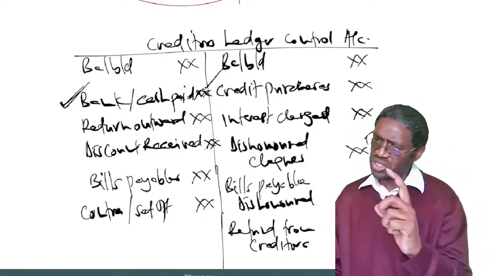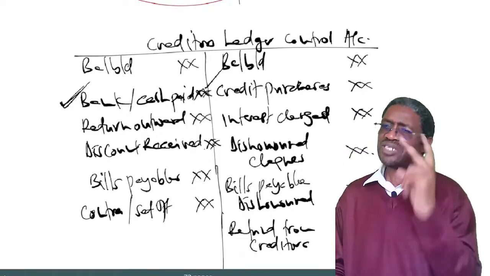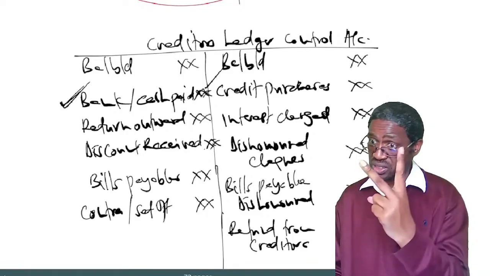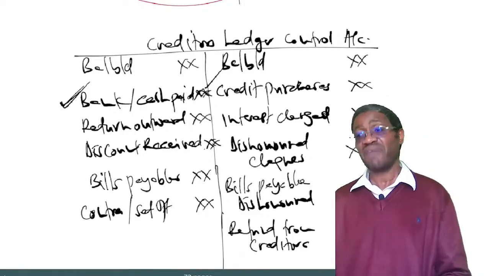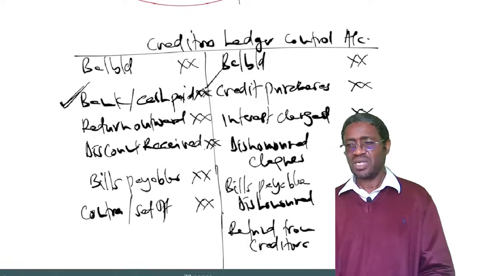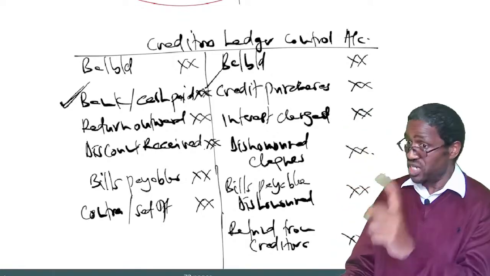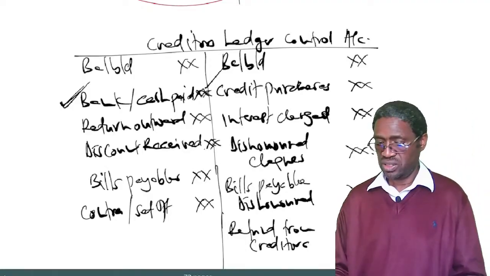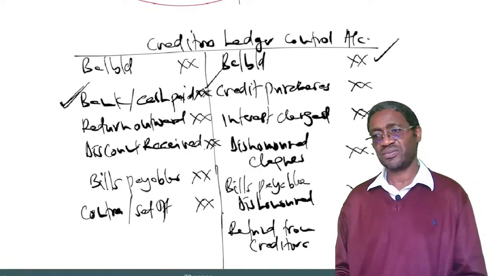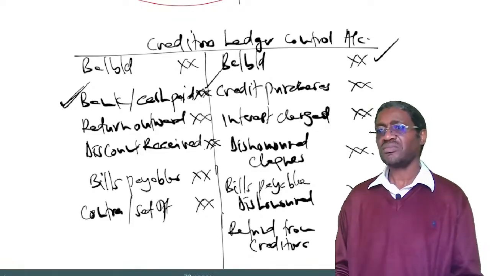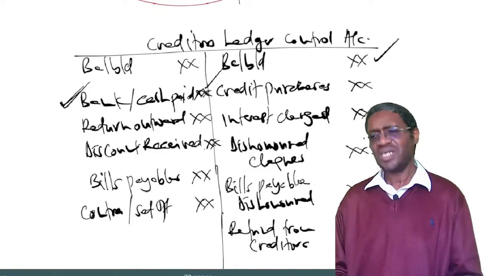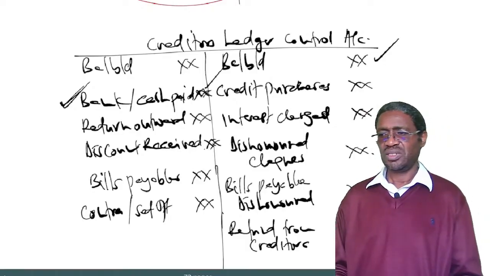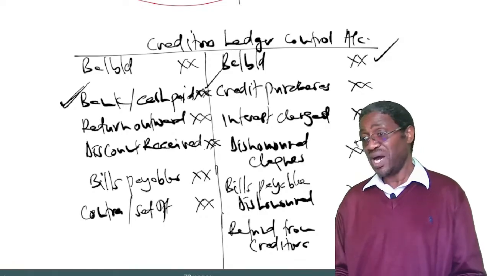So what I'm trying to say is that just like the debtors ledger had two opening balances, even the creditors could have two opening balances. The most obvious one is the credit one, because you owe the creditors whatever it is. But is it possible that you may have a debit balance?